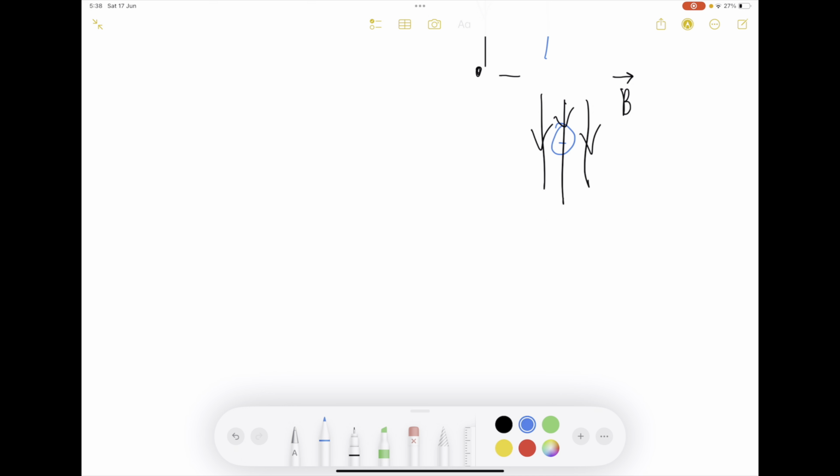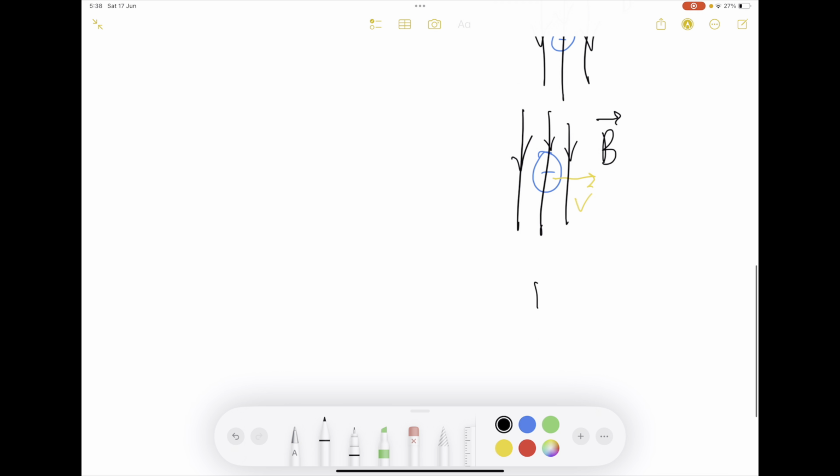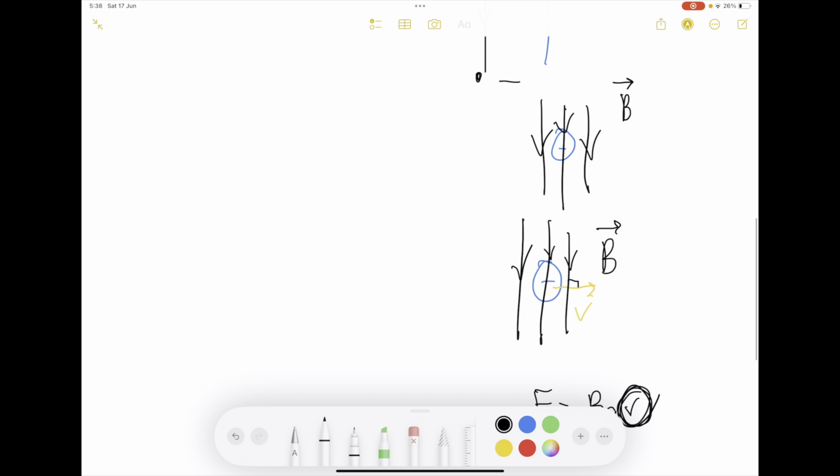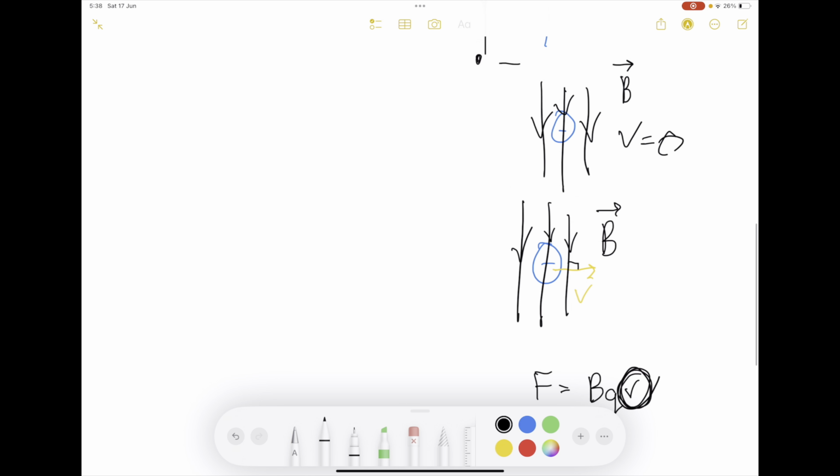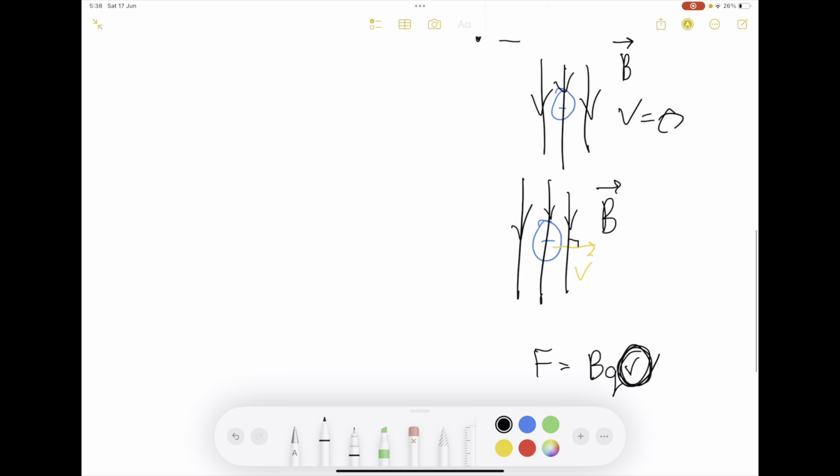But in case the electron is moving with some velocity and it's subjected to a magnetic field, now we know the formula of force for a charge is BQV. So now we can see it has some relation with velocity. In this case, velocity was 0, whereas here it has some velocity. So then it feels some force.